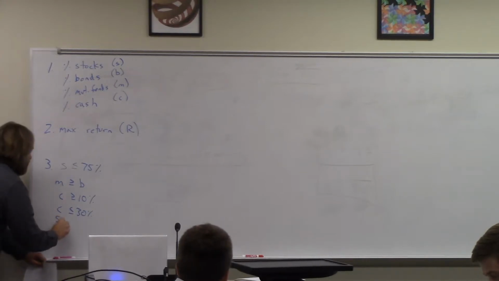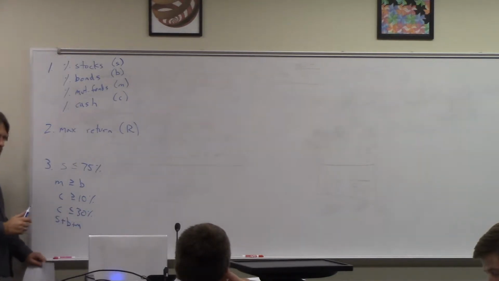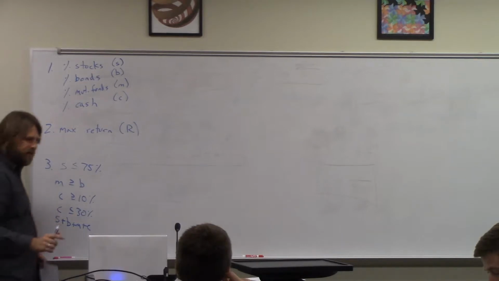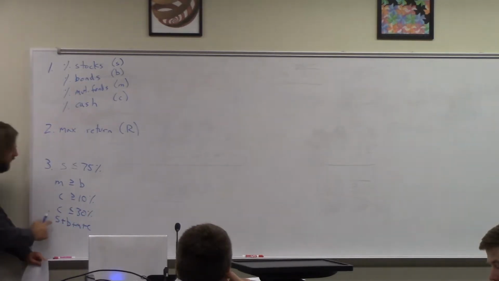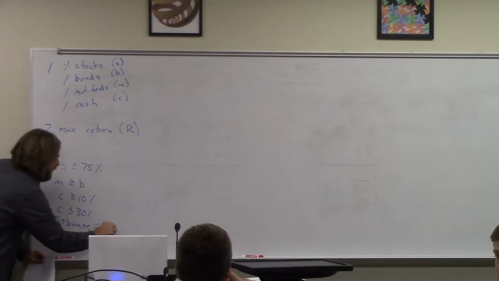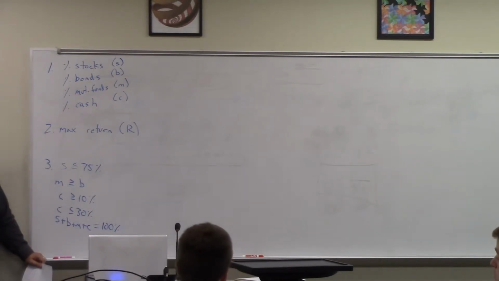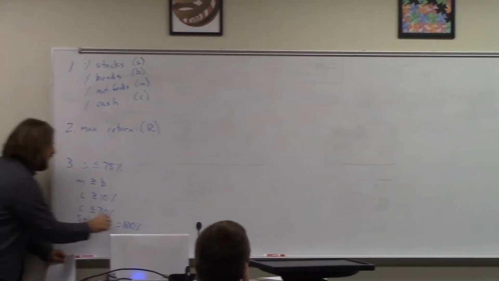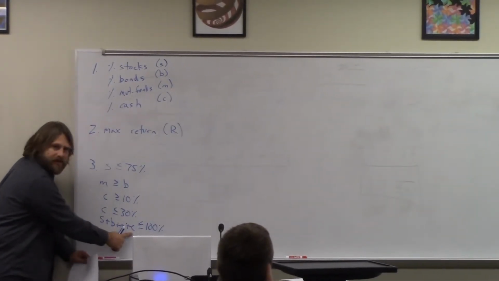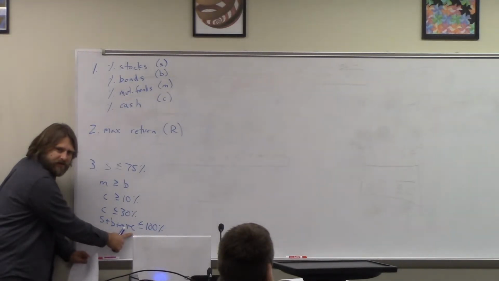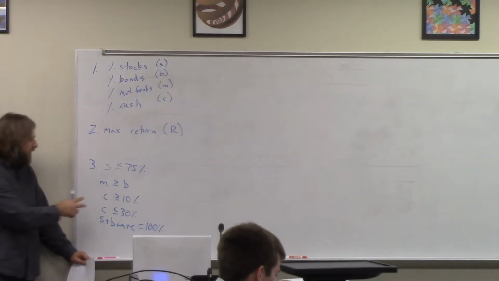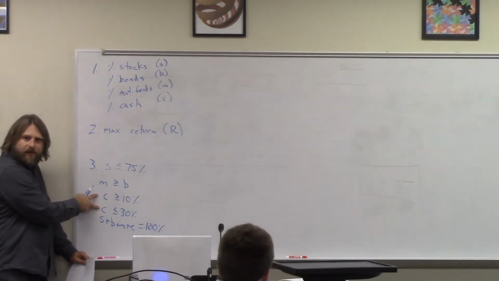So our total is stocks plus bonds plus mutual funds plus cash, and this equals 100%. Right here. All right? Could it be less? Yes, it could be less than or equal, but in that case, that would be called cash. So actually, that would not be a good solution, because then you could violate these constraints right here. Okay?